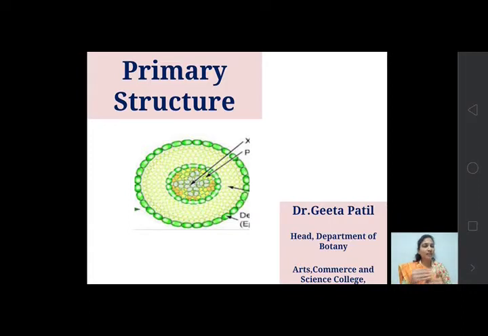Primary structure means the first developed tissues when the plant grows, that is, when the embryo comes out from the seed in the form of shoot and root. The newly or firstly formed tissues in the plant from the embryo are known as the primary tissues.